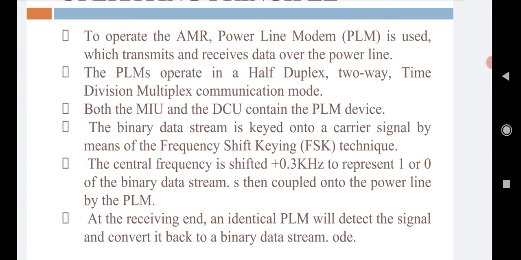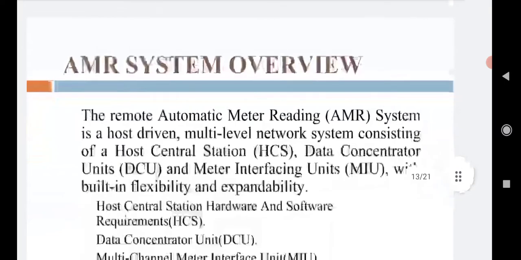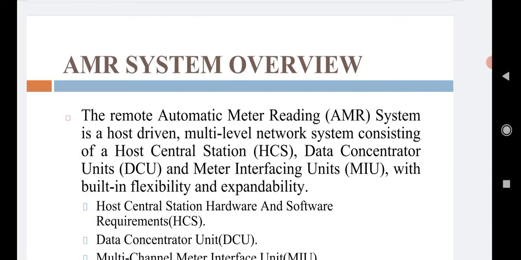At the receiving end, an identical PLM will detect the signals and convert them back to a binary data stream. Next is AMR system overview.